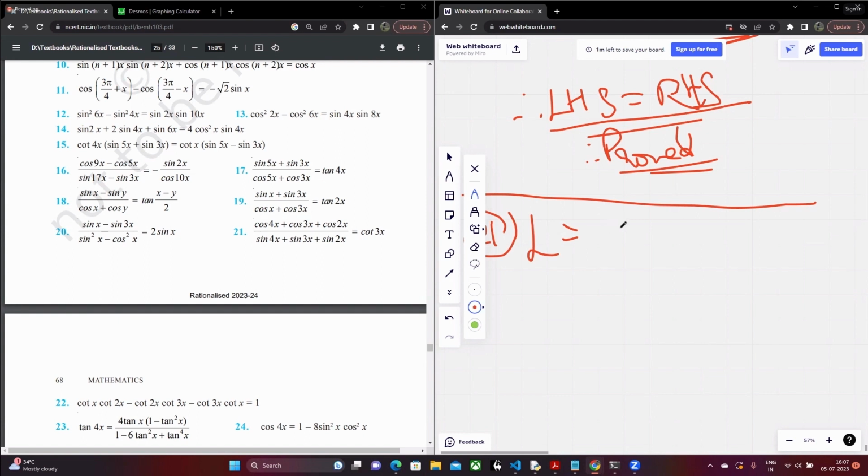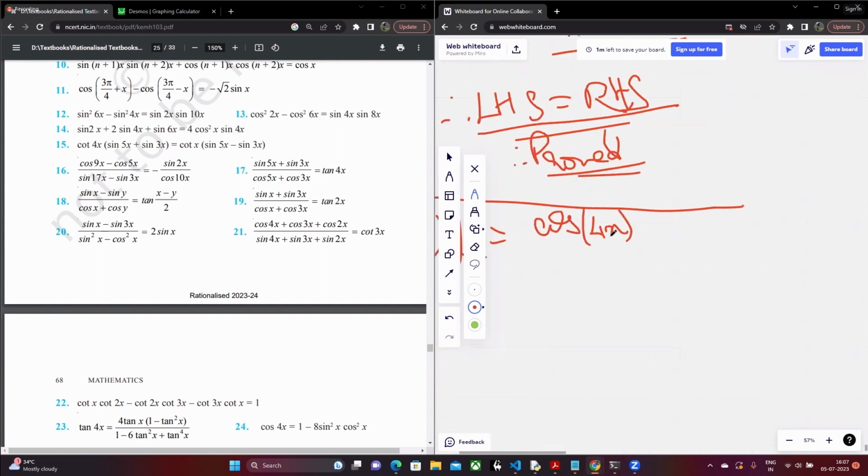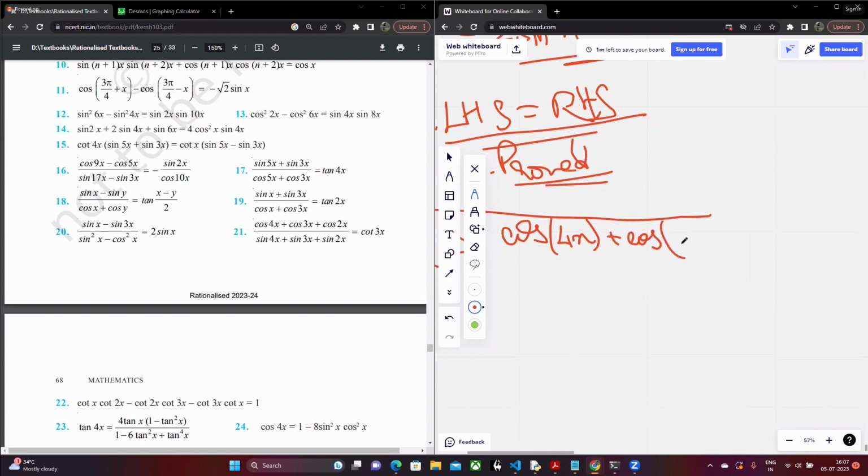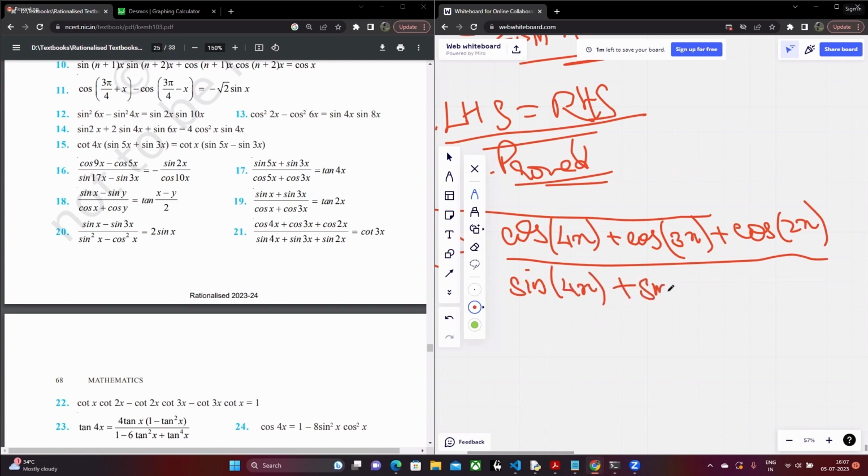All right. So L is equal to cos 4x plus cos of 3x plus cos of 2x whole divided by sine of 4x plus sine of 3x plus sine of 2x.